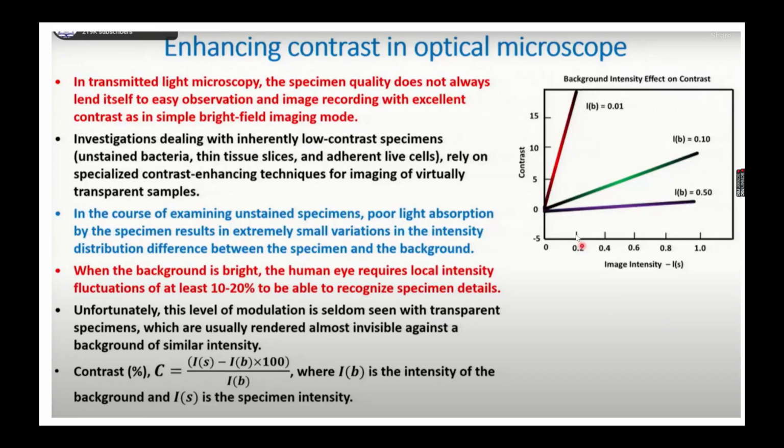Then for the same image intensity, the contrast is improving, the contrast is increasing. So we can say that by decreasing the background intensity, we are able to increase the contrast. Okay, so this is one thing.